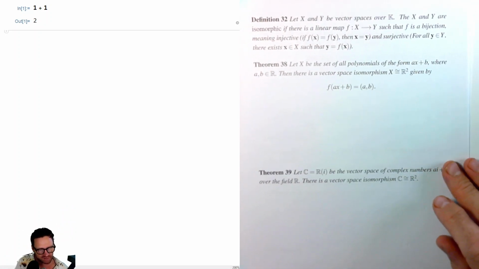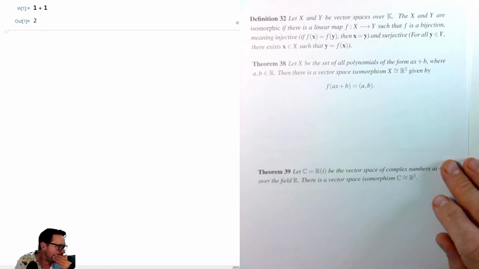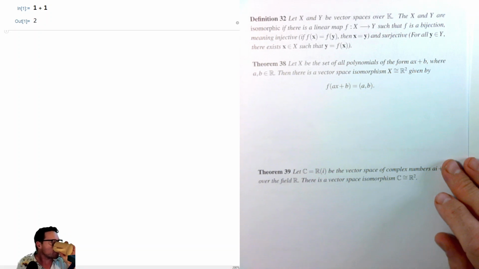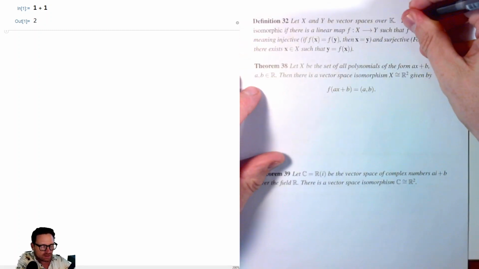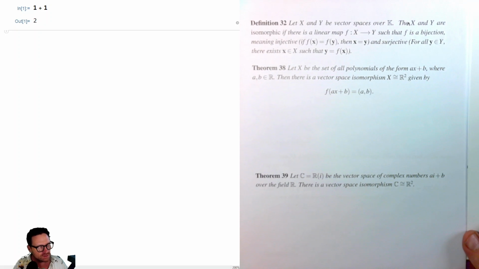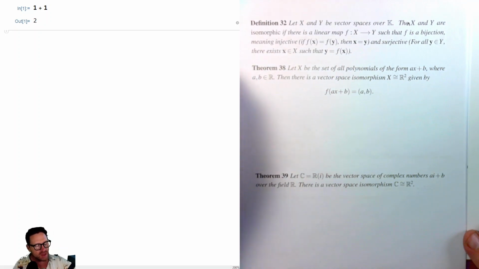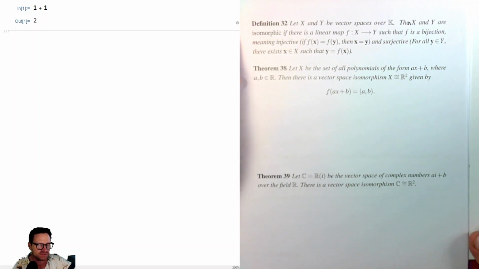Let X and Y be vector spaces over the field K. Then X and Y are isomorphic if there is a linear map f mapping X to Y such that f is a bijection. Okay, so that's what we saw in the previous result.